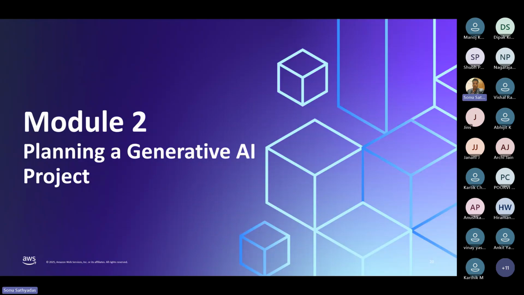So in the first module, we discussed what generative AI is and the importance of generative AI. In module 2, we are discussing how to plan for a generative AI project.